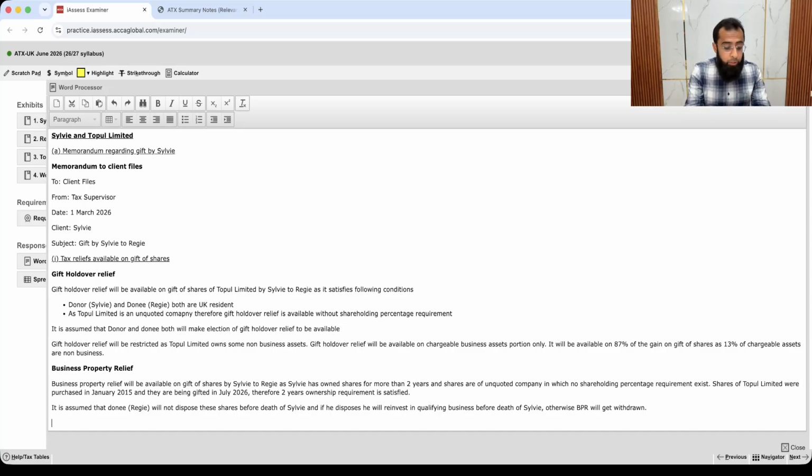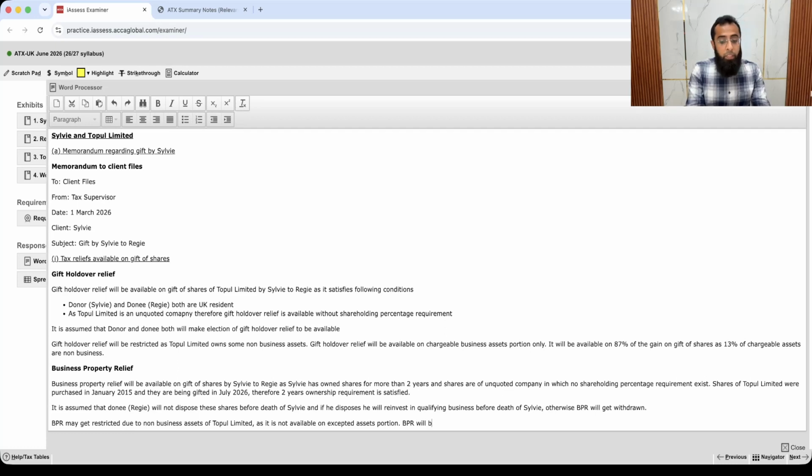How will it get restricted? BPR may get restricted due to non-business assets of Topul Limited, as it is not available on the excepted assets portion. Done.